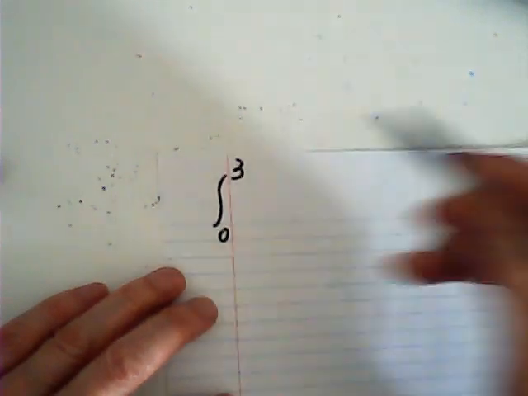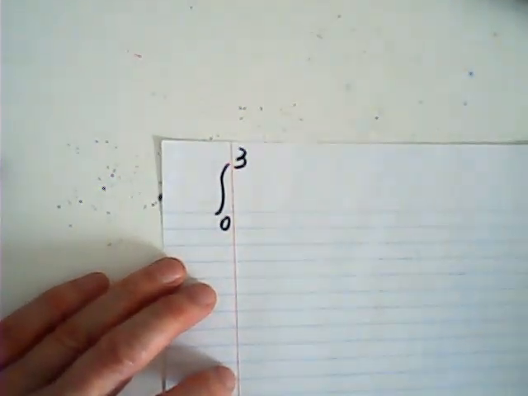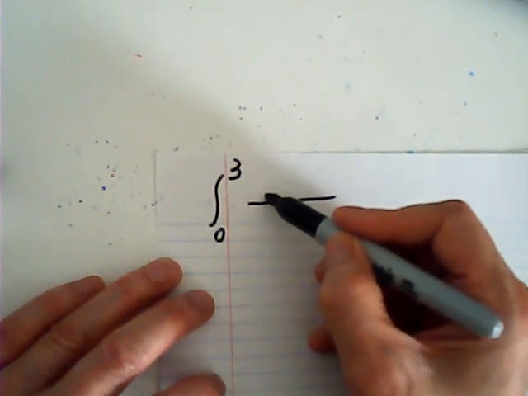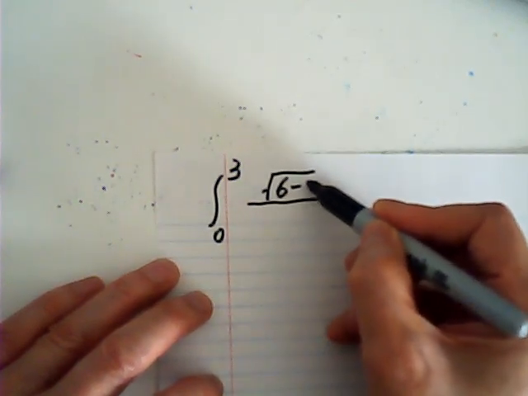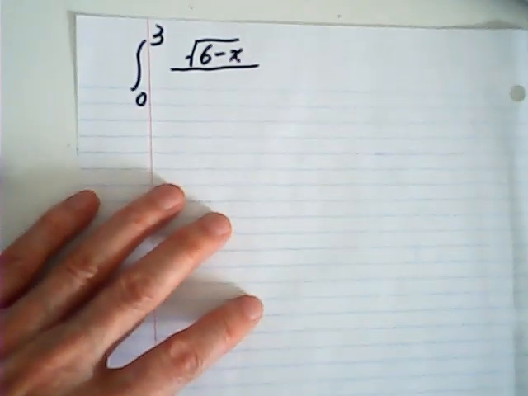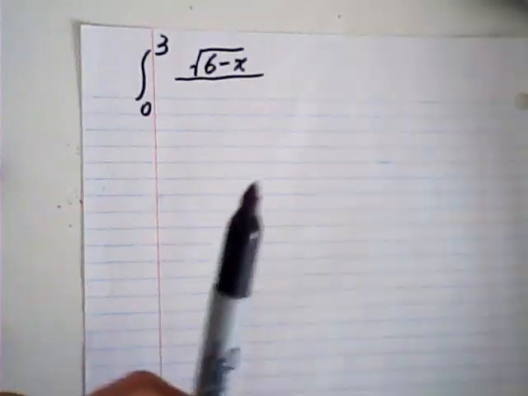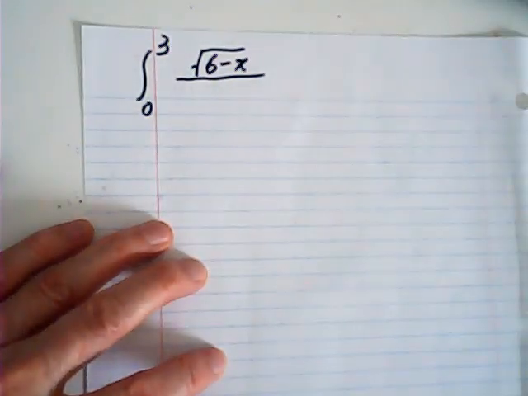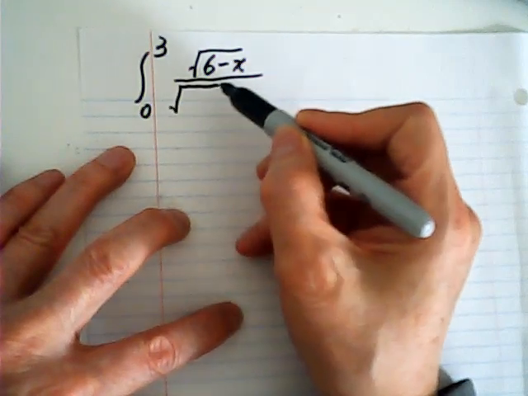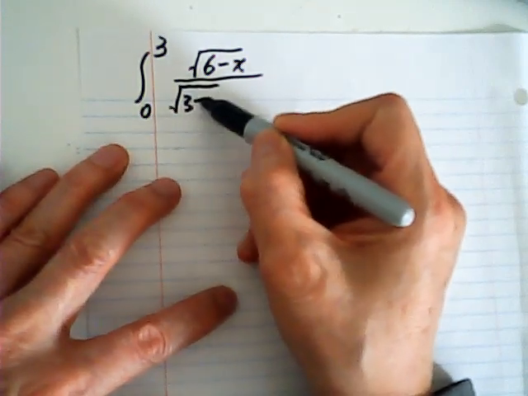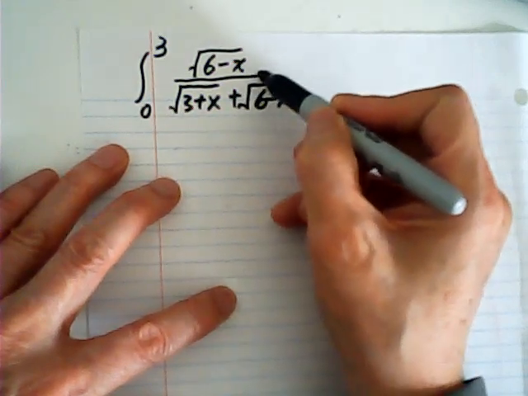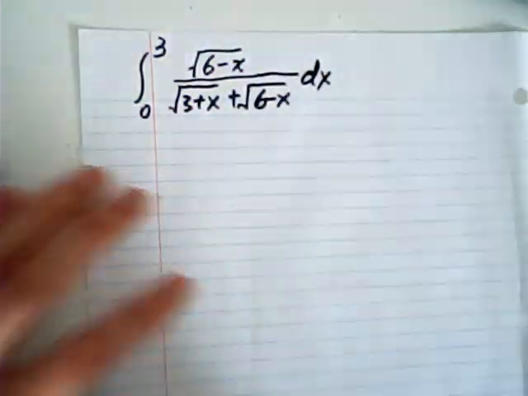From 0 to 3, square root of 6 minus x. Wait a minute. This is square root of 3 plus x plus the square root of 6 minus x, dx.